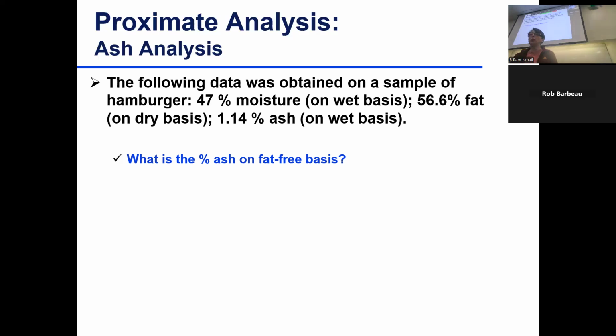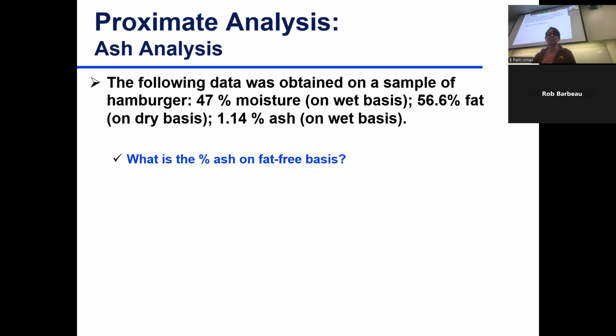Let me rephrase. Next week in lab, all the cheeses will be pre-dried for you. When you run ash content and fat content, the values you obtain are on dry basis. You need to know how to convert them to wet basis. So that's the importance of knowing this.